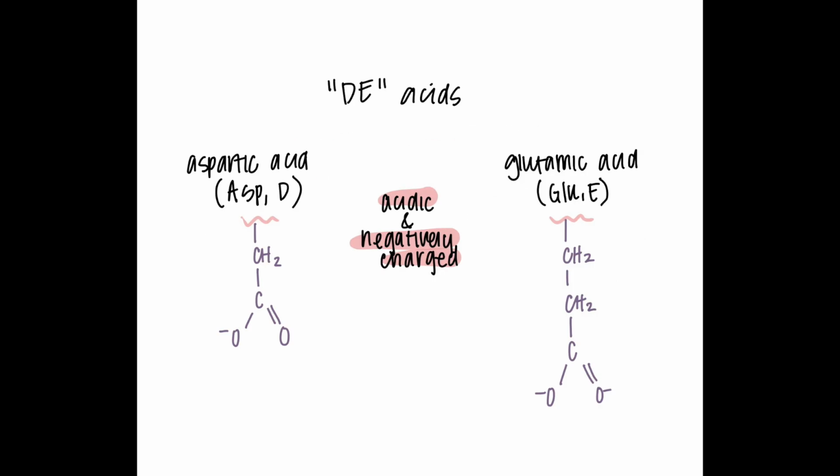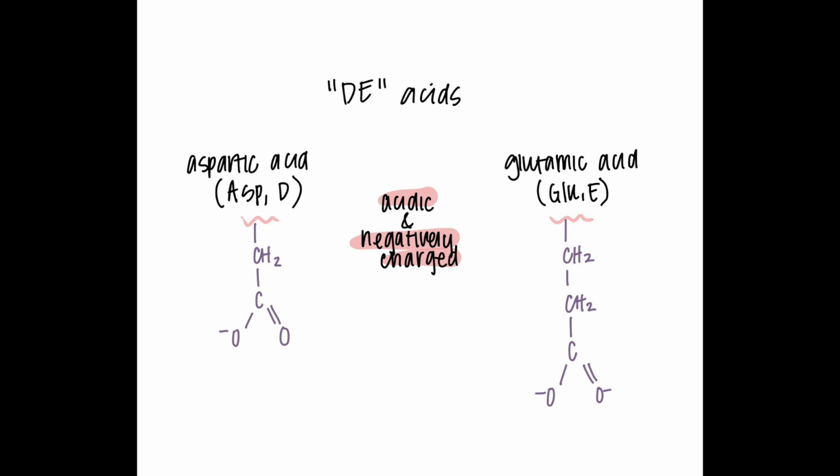For the acidic amino acids, I like to use the acronym D. I say D acids, literally like the acids, because they are acidic. And also, the acidic amino acids are negatively charged. I remember this by associating acidic with, for example, toxic, and then I associate that with the word negative.